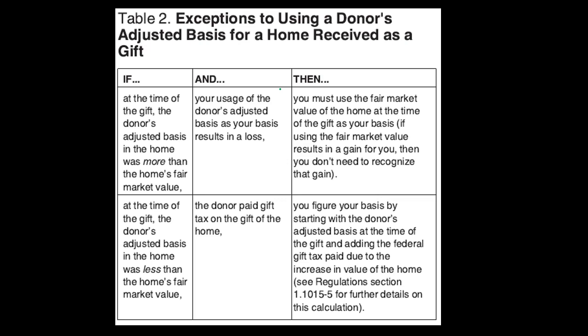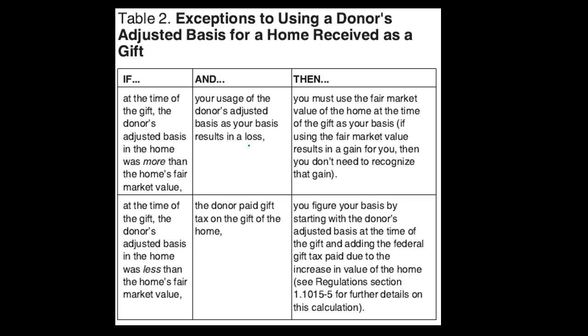If using the fair market value results in a gain for you, then you don't need to recognize that gain. So in that case, we're in that special kind of situation where the fair market value is less than the basis, and the usage of the donor's adjusted basis as your basis results in a loss. Notice that the IRS is skeptical of losses, right?